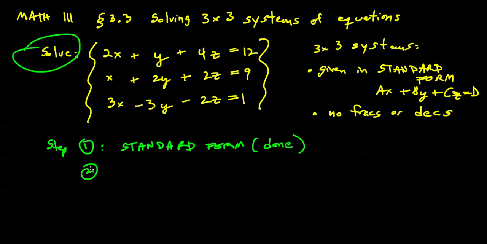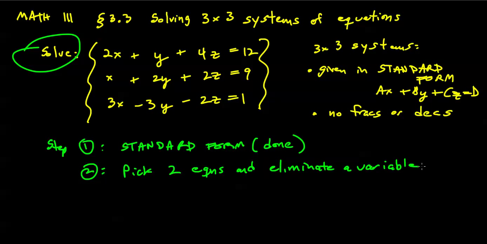Step 2: pick 2 equations and eliminate a variable, as we did in section 3.2.